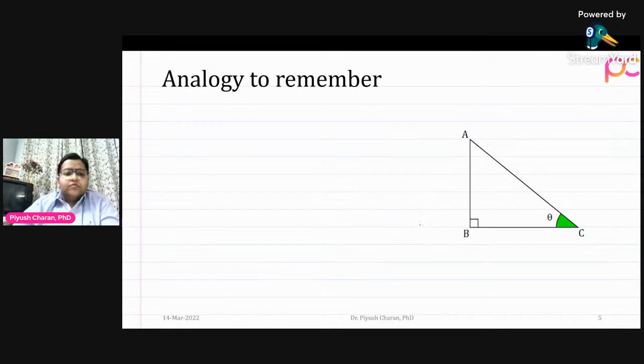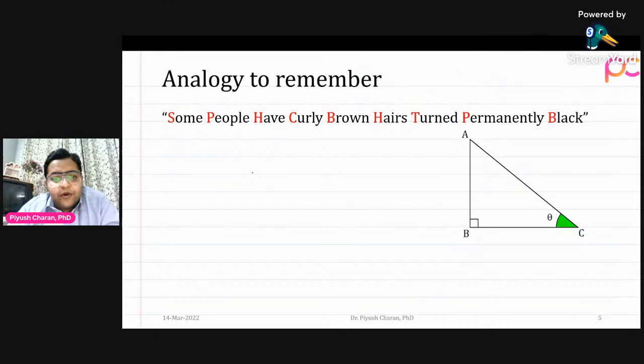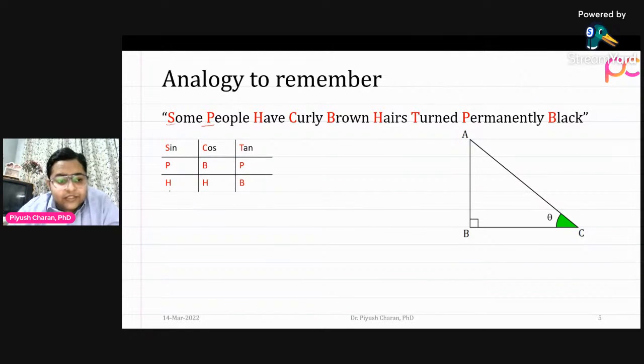So let us now understand an analogy to remember the formulas for calculating the trigonometric ratios. This analogy is: some people have curly brown hairs turned permanently black. You have to consider the first letter of each word to calculate the trigonometric ratios. For example, sine theta will have the value of perpendicular upon hypotenuse.